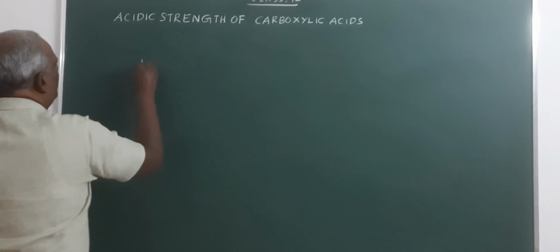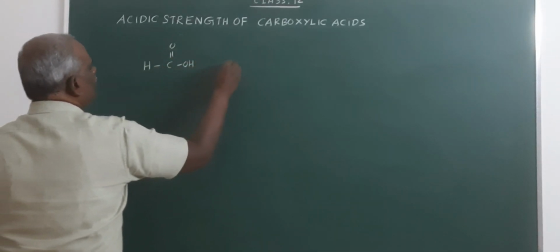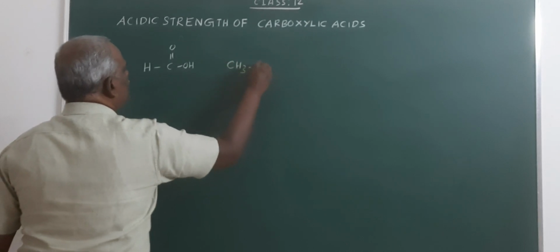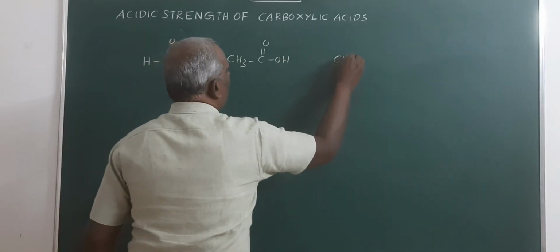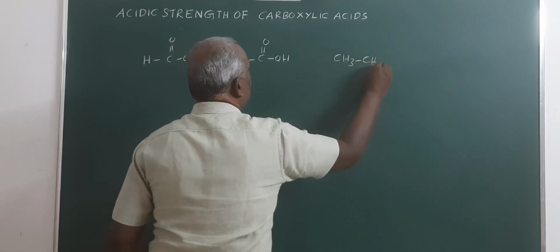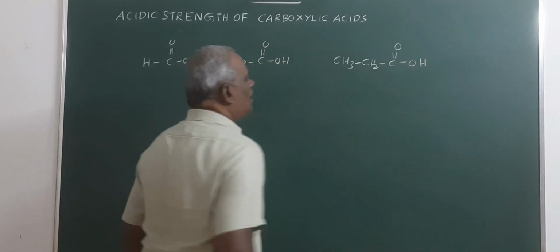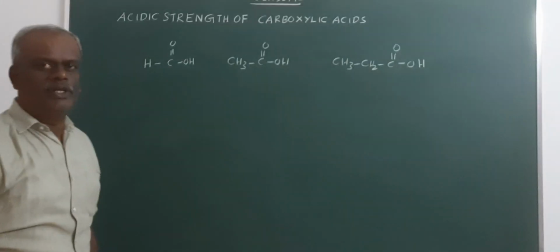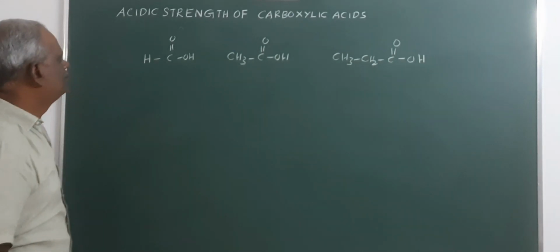You see this one: HCOOH, CH3COOH, CH3CH2COOH. Among all three substances, which will be the stronger acid and why?